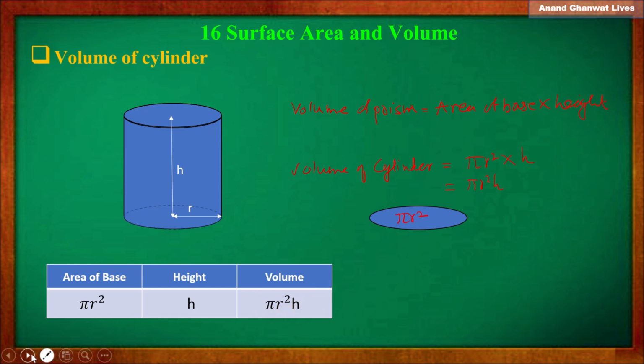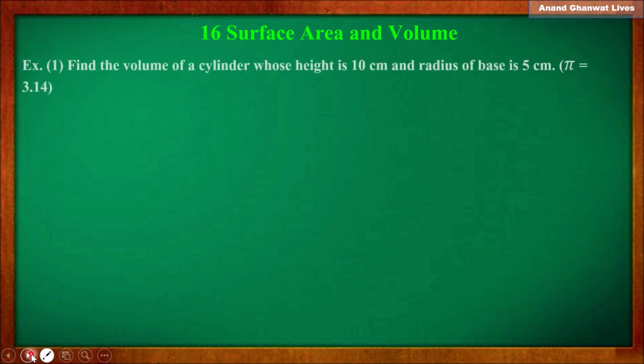Now next, let us solve some examples based on this formula for volume of cylinder. First example here: find the volume of a cylinder whose height is 10 centimeter and radius of the base is 5 centimeter. The value of pi is given here as 3.14.